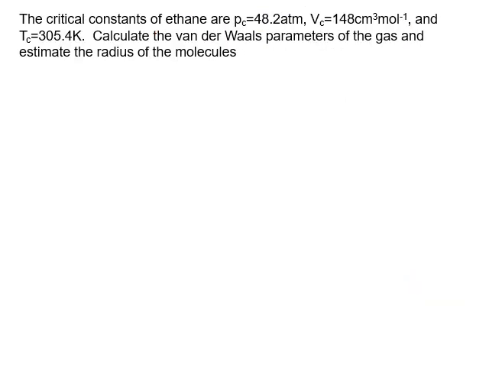Question number 4. The critical constants for ethane are given, and we want to calculate the Van der Waals parameters of the gas. That means we need to know what is a, what is b, and we want to estimate the radius of the molecule.